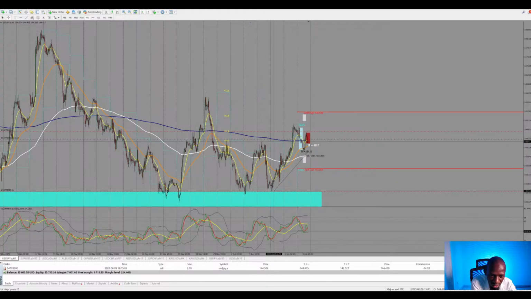So if the price comes to about this point, 128 pips, which is about halfway from the top, then once it gets there and it issues a reverse signal, we want to have a keen eye on it.